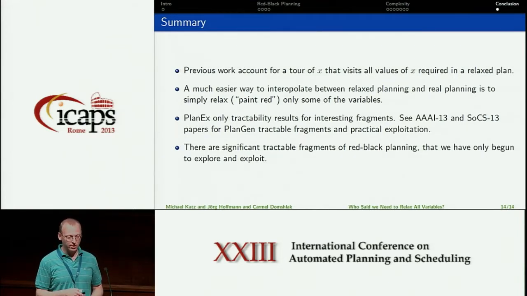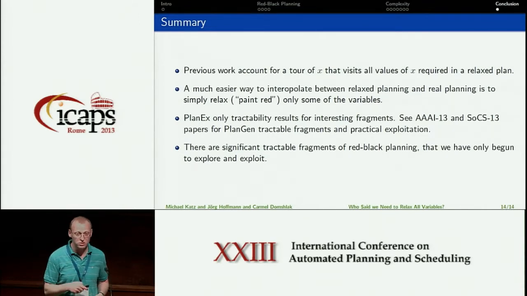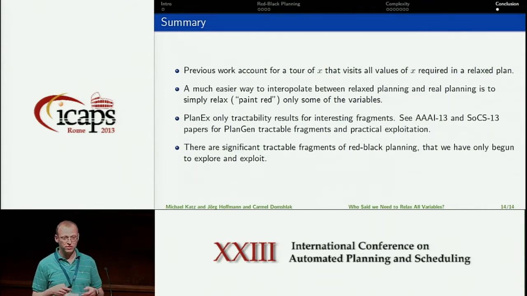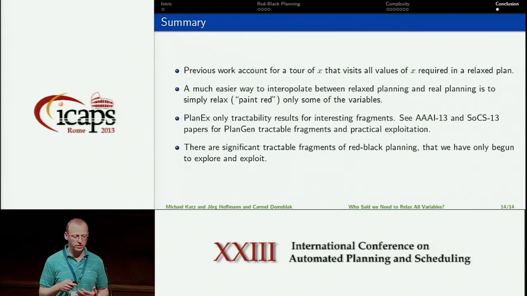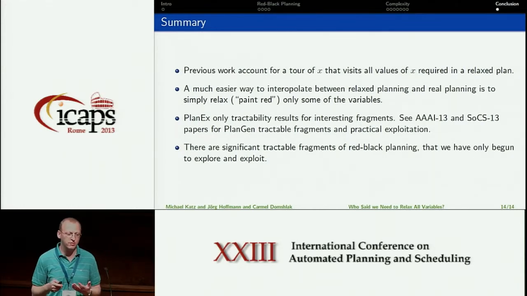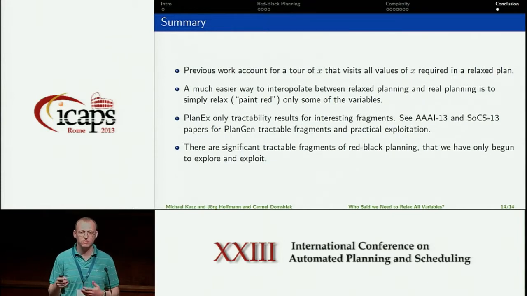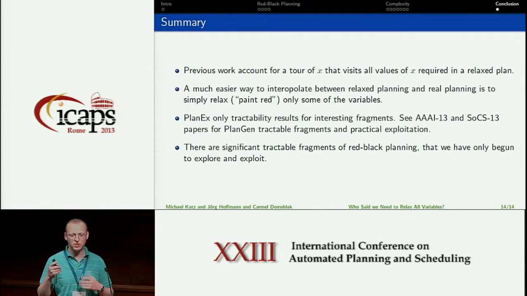Here we have only plan existence tractability results, but there are follow-up papers that have plan generation fragments for similar tasks, with some extended criteria. And there is a huge amount of work to do in red-black planning.